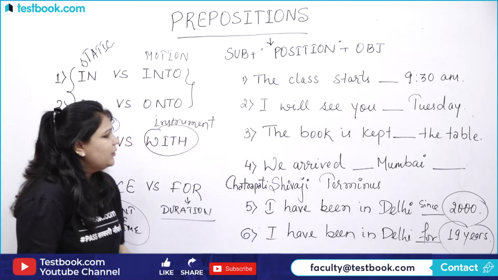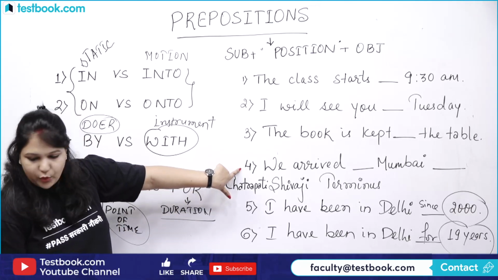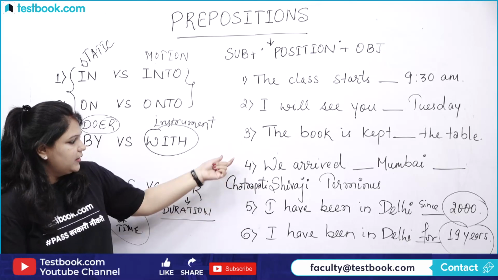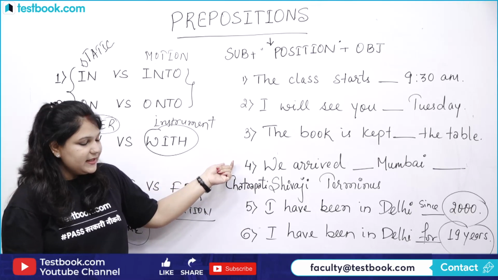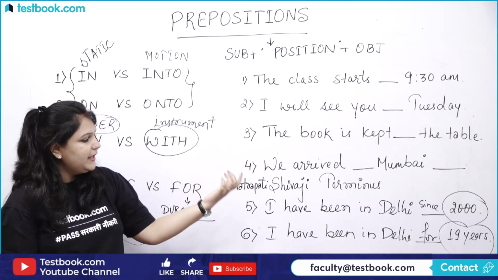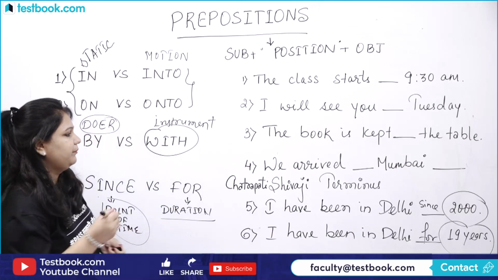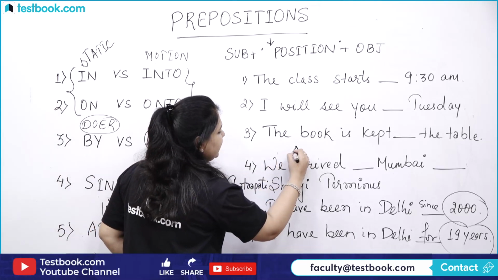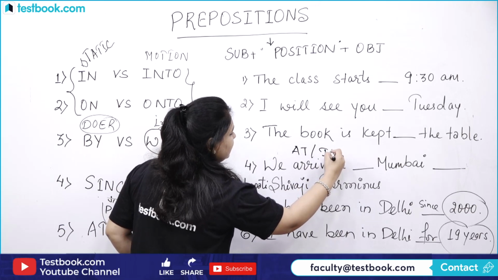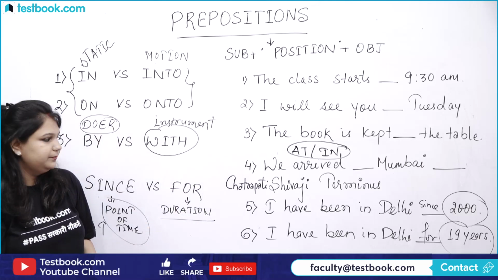Okay. So with that, I would request you to go for example number 4. We have 2 blanks in this sentence. The sentence says, we arrived blank Mumbai blank Chhatrapati Shivaji terminus. Right? You have to fill it with at or in.